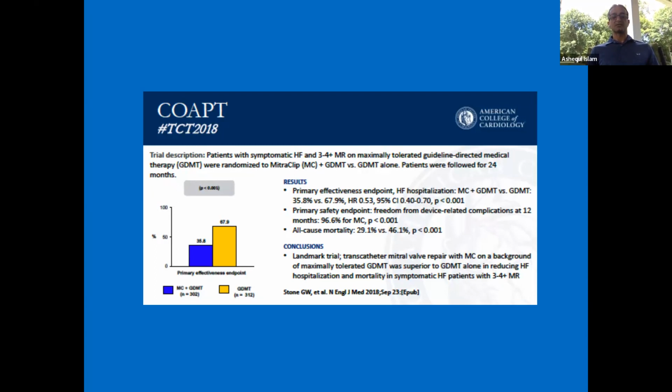And that's exactly what the COAPT trial did. Very well-intentioned medical therapy as well as CRT before randomizing between mitral clip and the medications. So in those patients, it significantly reduced hospitalization and mortality.